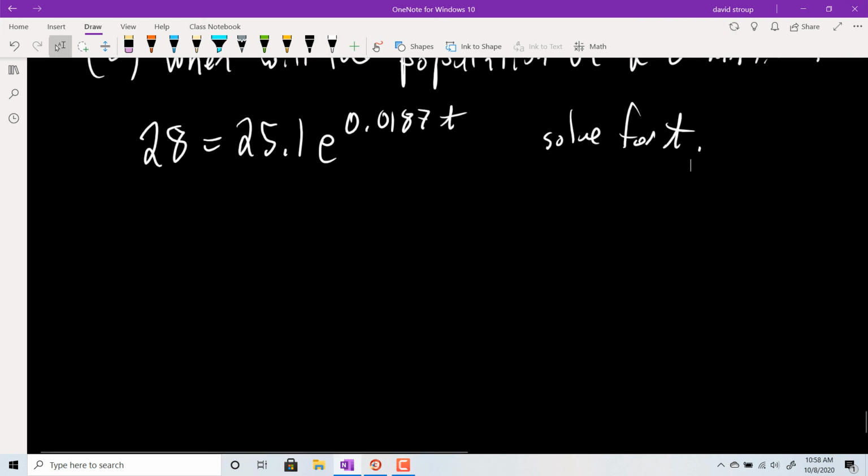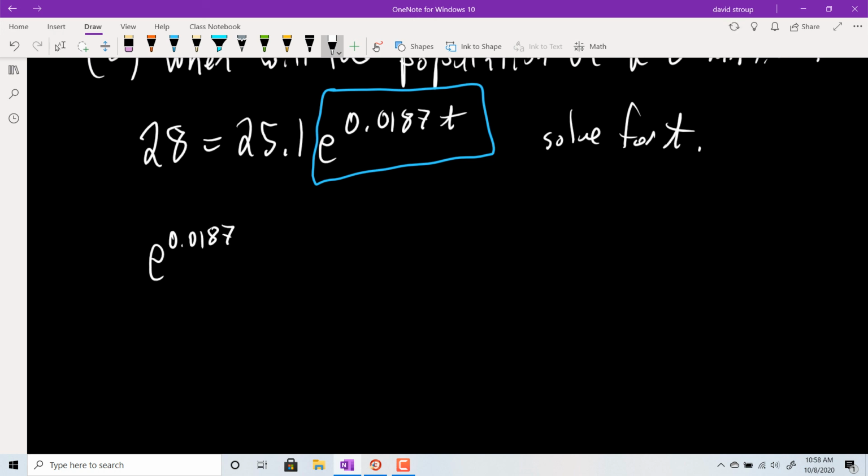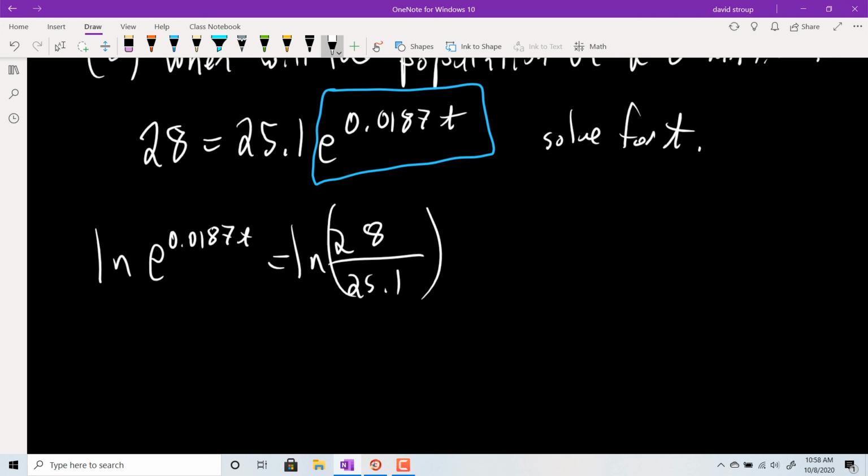Okay, so I need to isolate my exponential term. I need to get this by itself, so you divide both sides by 25.1. Okay, I'm going to take the ln on both sides. On the left-hand side, the ln and e cancel each other from the cancellation equations.